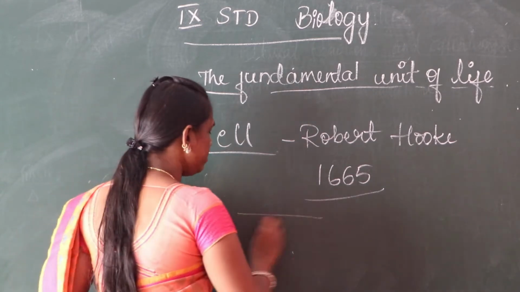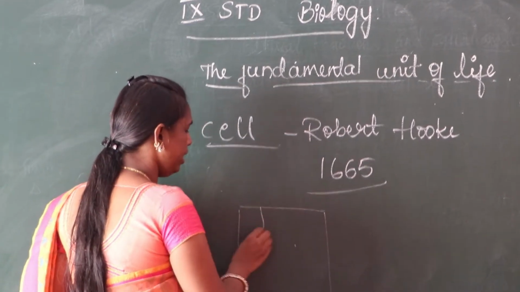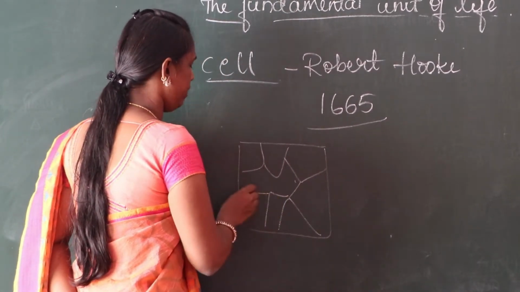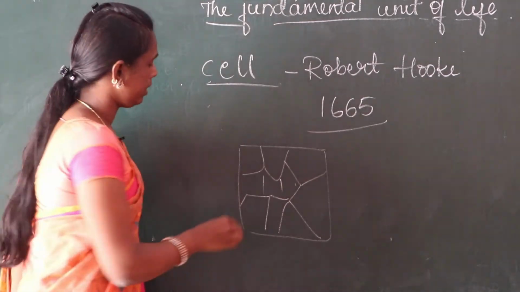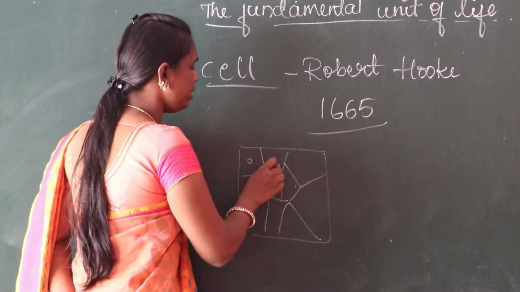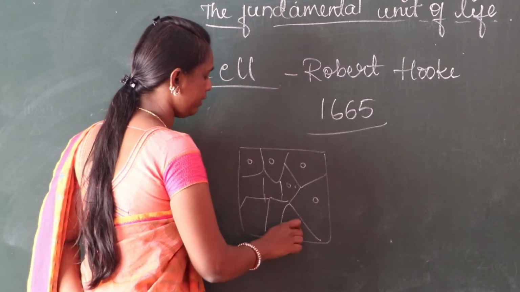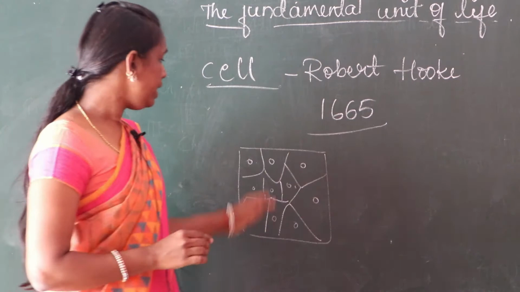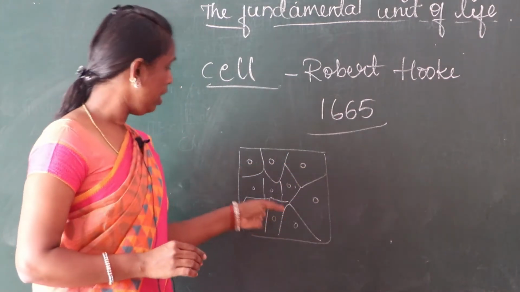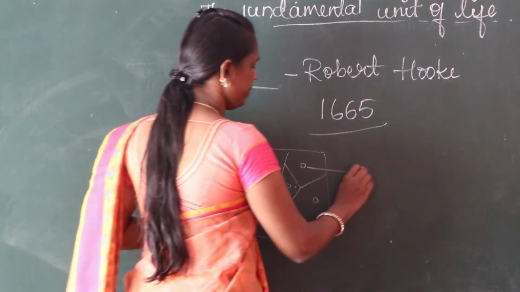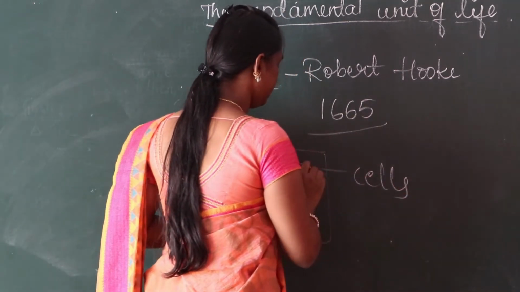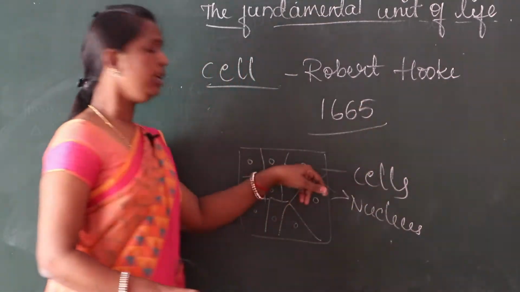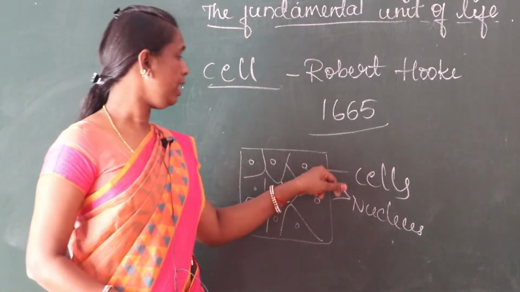He observed a honeycomb-like structure in the bark-like cork. He also observed a nucleus at the center of the cell. Later he named these honeycomb-like structures cells.